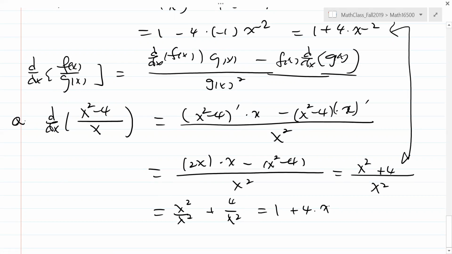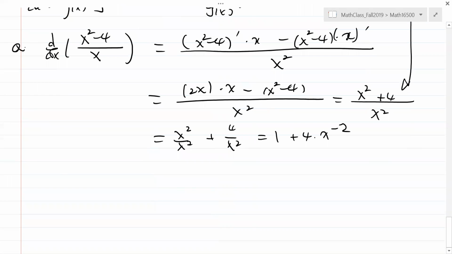The second term will be this. So if we apply the quotient rule, we are still able to solve the problem. But for this particular problem, you can express it as a sum of power functions.